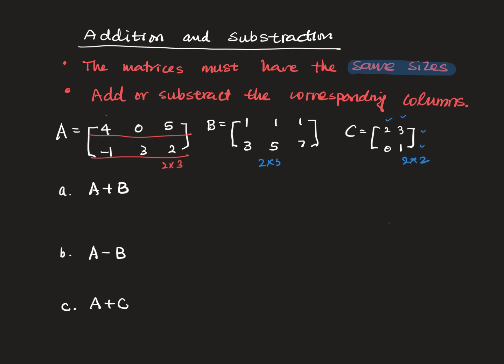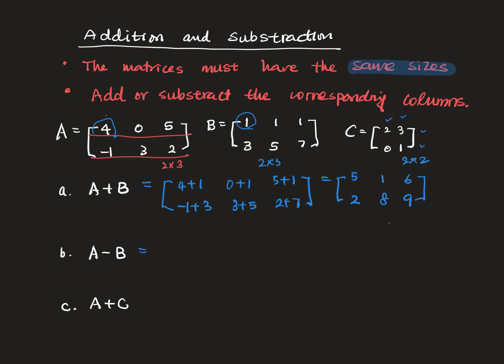Now, A plus B, can you define it? Yes, you can. How do you define A plus B? Component by component: 4 plus 1, 0 plus 1, 5 plus 1, -1 plus 3, 3 plus 5, 2 plus 7. That's how you define the addition of two matrices. That's going to be 5, 1, 6, 2, 8, 9. Everything makes sense? How about A minus B?